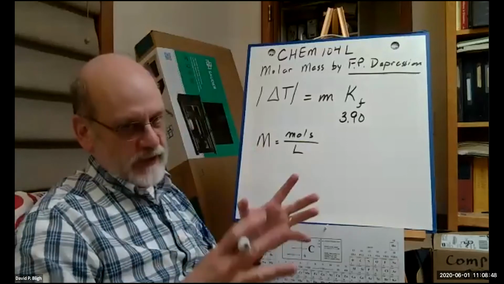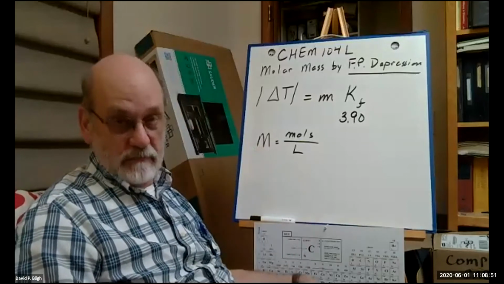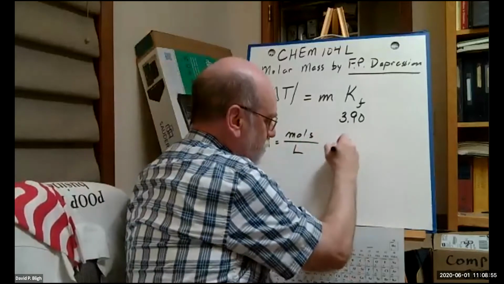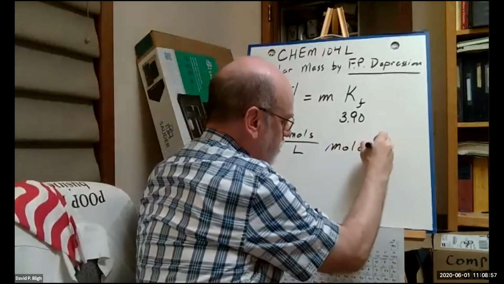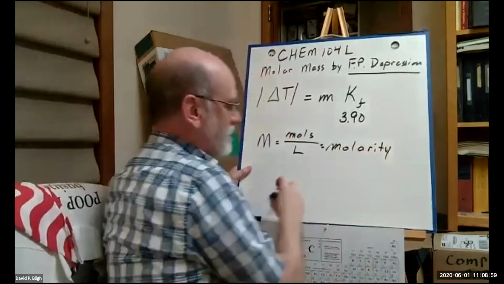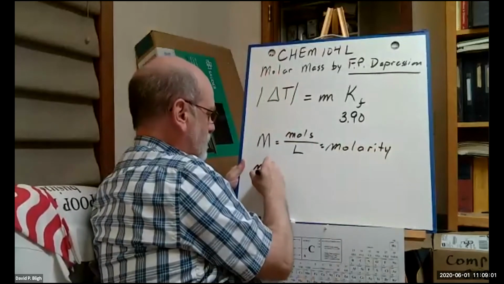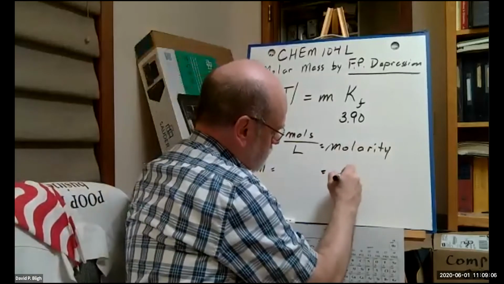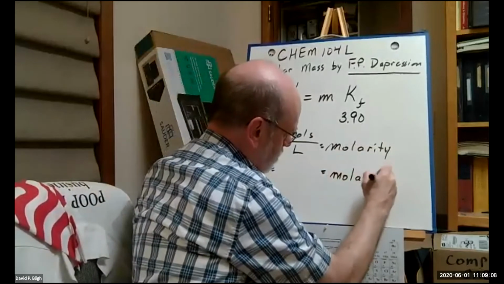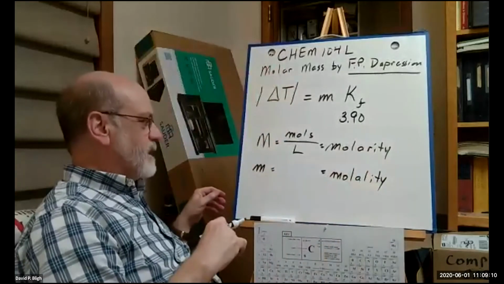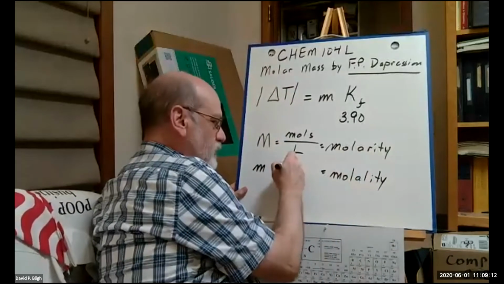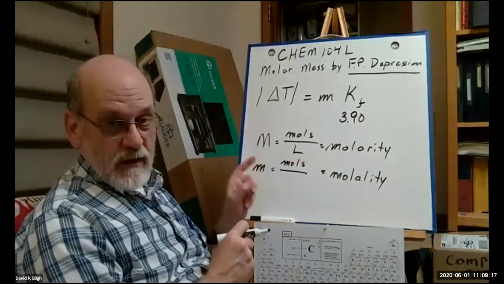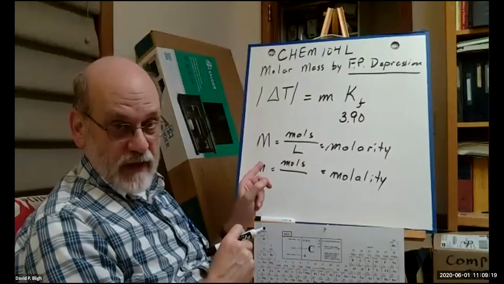So we need a different expression. And we've got one. A little m. This is molarity. This is molality. Okay? You still have moles in the numerator, but in the denominator, you have mass instead of volume.